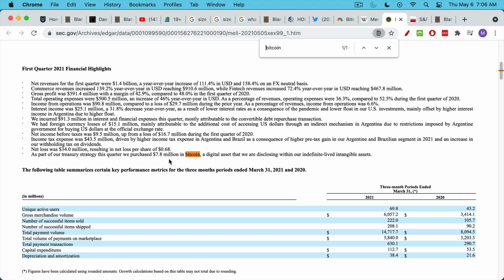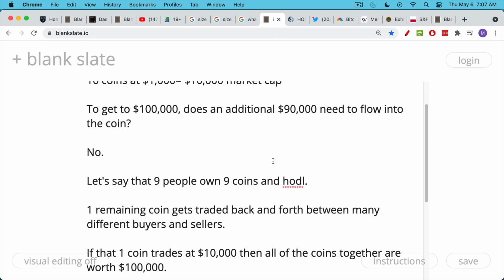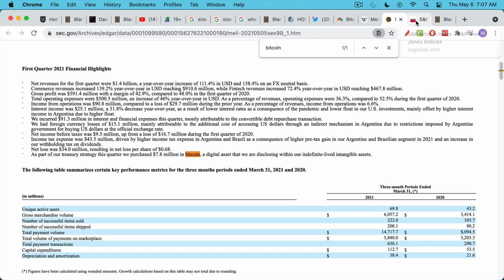This is obviously not a lot of money, especially for a large corporation, but it does show that companies, even in e-commerce and in various parts of the world, are beginning to choose to use Bitcoin as a treasury asset. And to the extent they become hodlers as well, we get really an increase in these hodler waves, and we get the sort of dynamics we talked about, where 9 out of 10 holders are long-term hodlers.